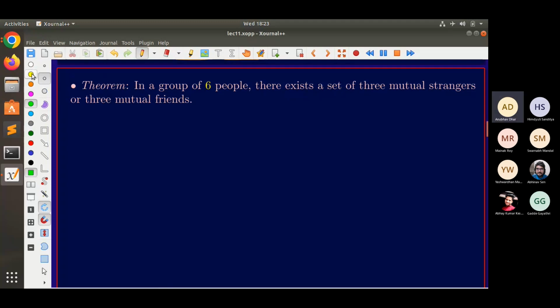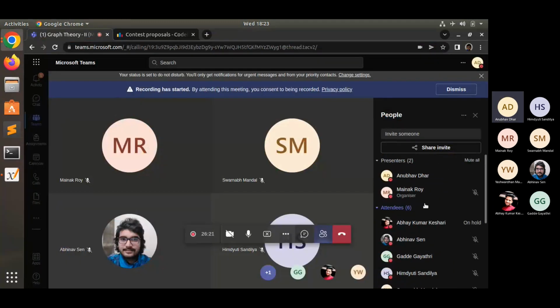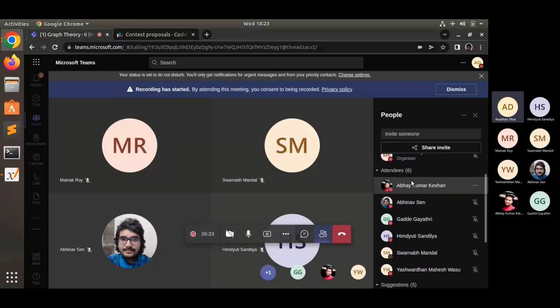So this theorem says that if there are six people, then there is a set of three mutual strangers or three mutual friends. For example, let's see what the attendee count is right now. Okay, the attendee count is exactly six.